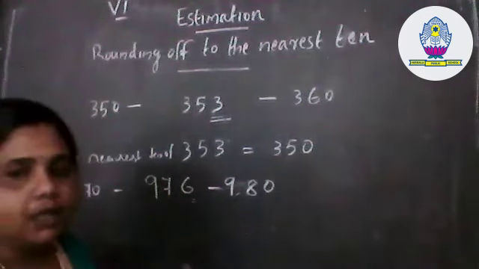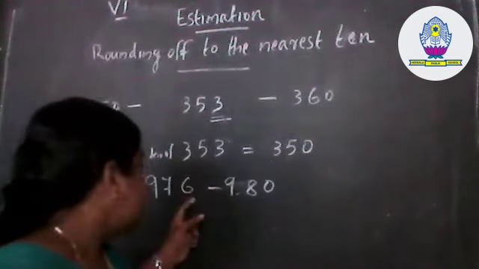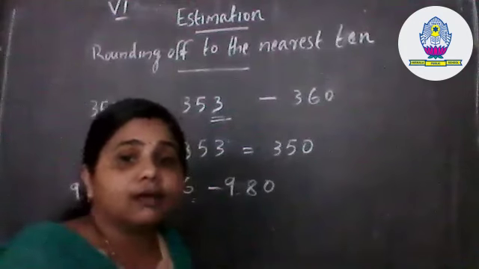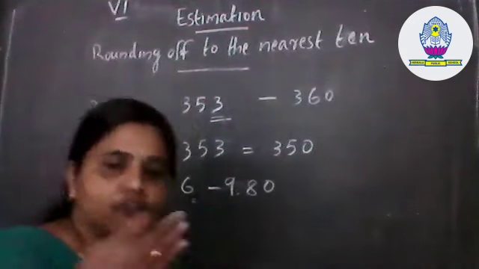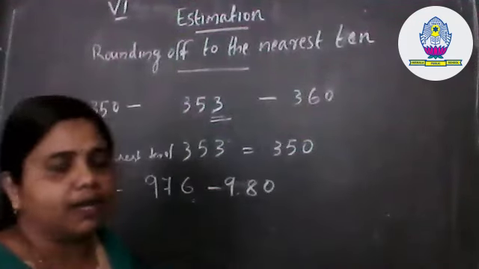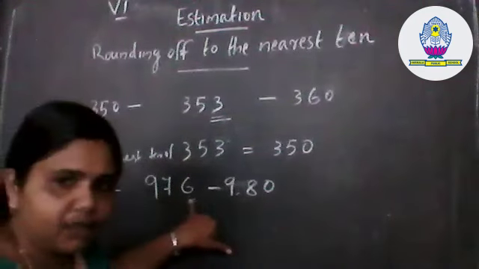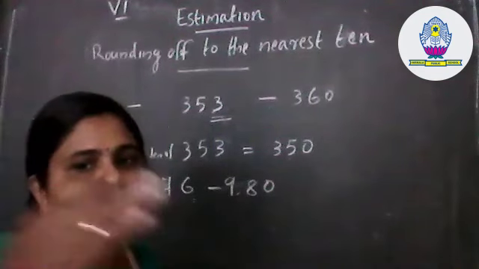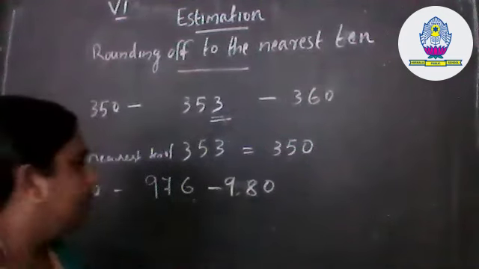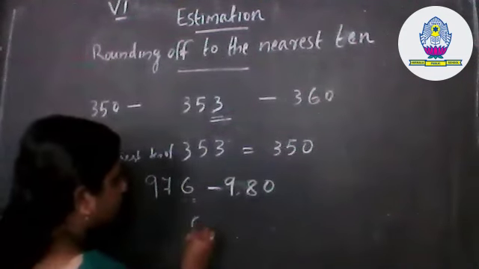If the ones place is greater than 5 or equal to 5, 5 അതിൽ കൂടുതലോ ആണെങ്കിൽ, വൺസ് പ്ലേസിൽ വരുന്ന നമ്പർ 5ൽ കൂടുതലോ ആണെങ്കിൽ ആ പ്ലേസ് 0 എന്ന് കൊടുക്കുക.